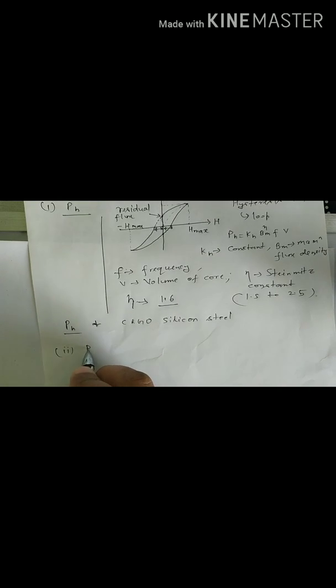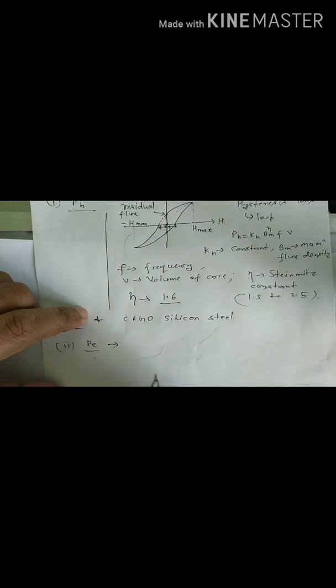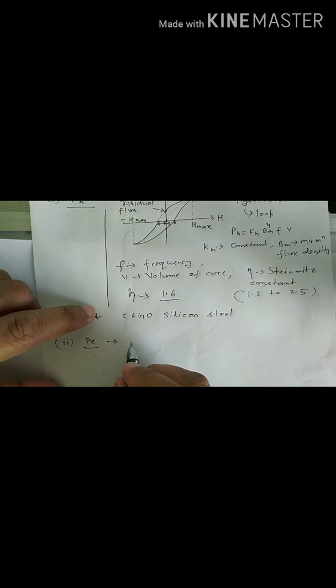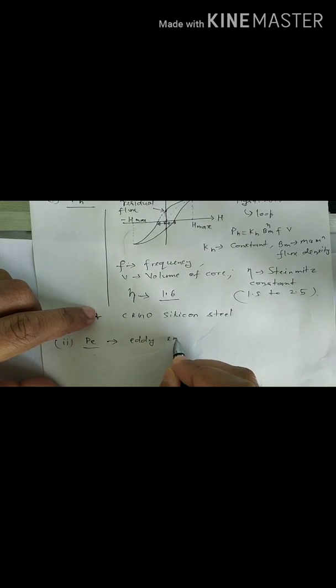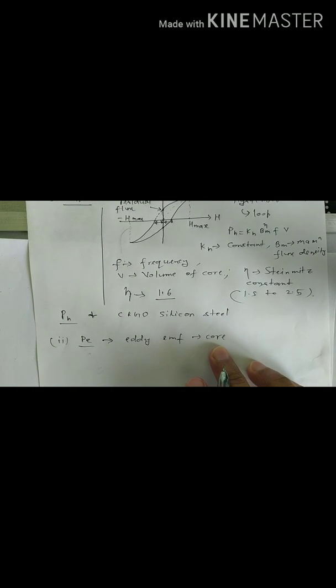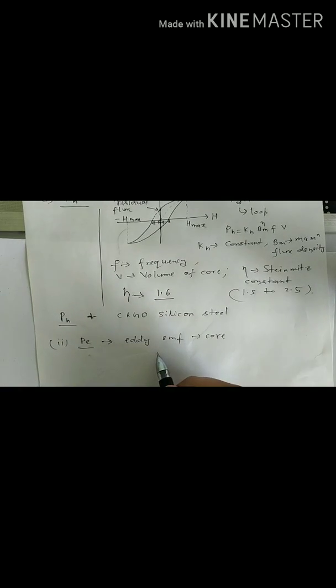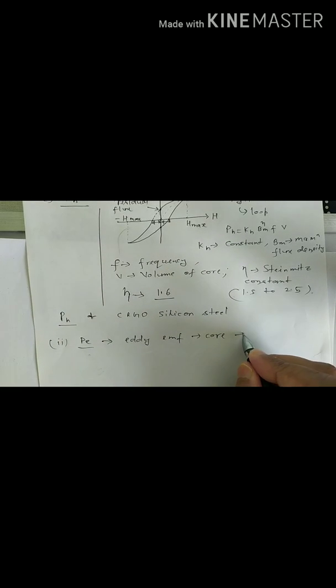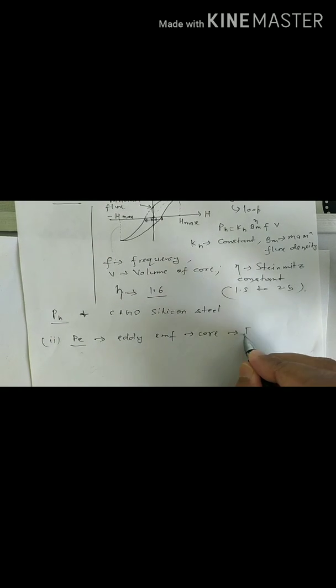Eddy current loss occurs in core because of eddy EMF induced in core. We know that alternating flux is there inside core, so this alternating flux will induce EMF by Faraday law of electromagnetic induction, and this eddy EMF is circulating eddy current, right?